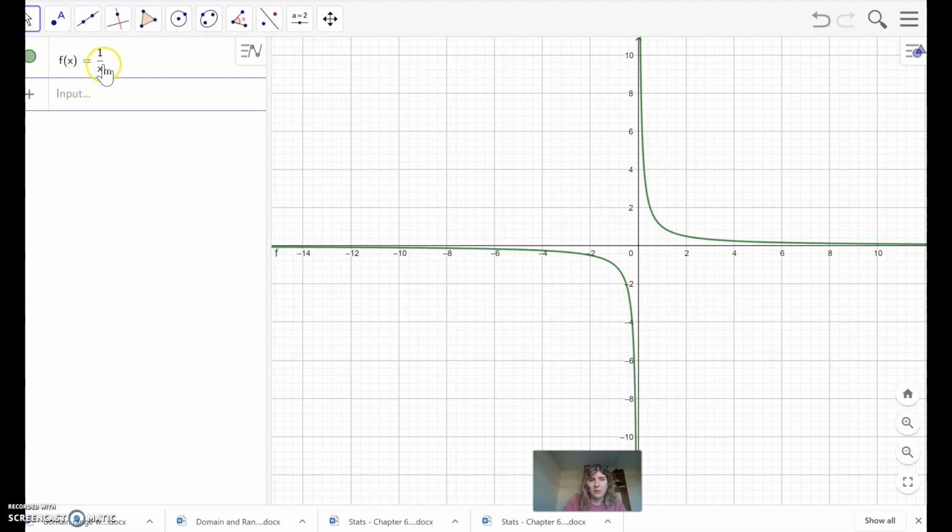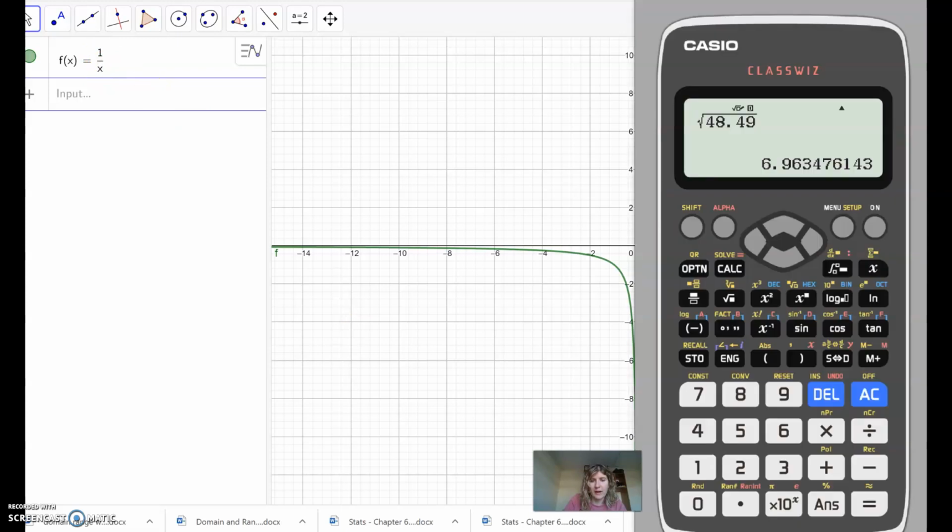And that's because if you imagine that you had 1 over negative, say, 100, that's equal to -0.01.